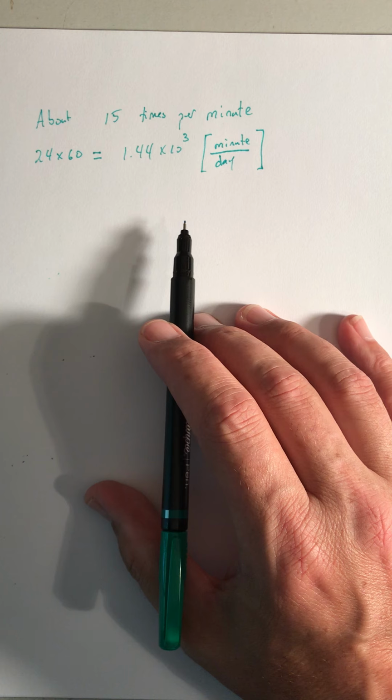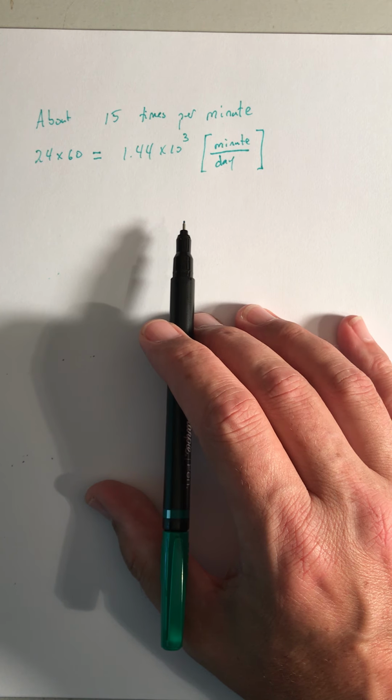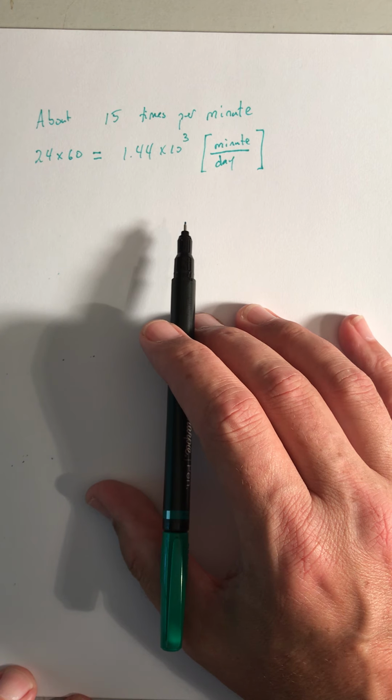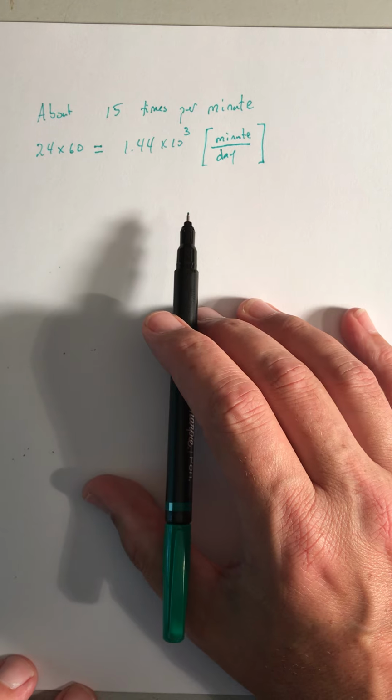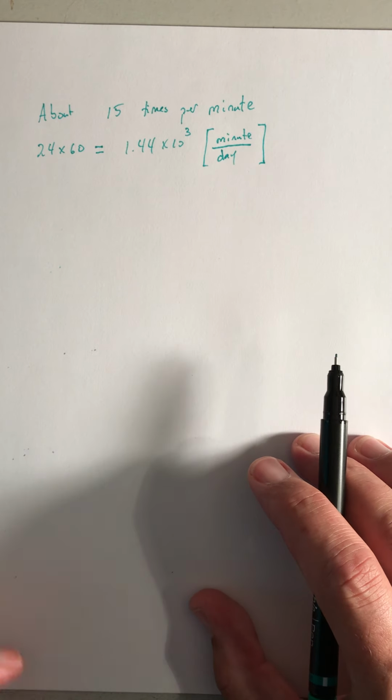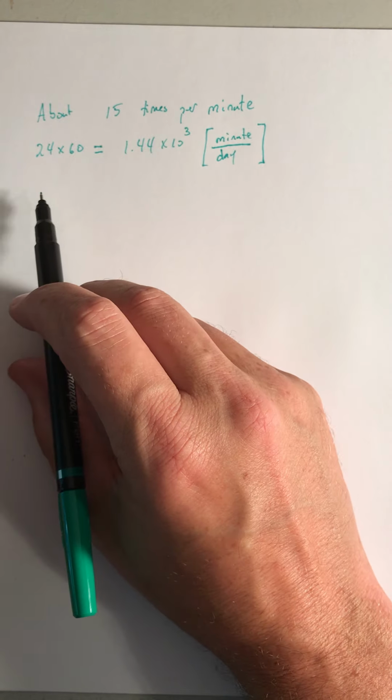Now, what's the volume of one breath? The way I thought of trying to estimate this was thinking about blowing up a balloon in just one breath. How much or how big of a balloon would I be able to blow up?